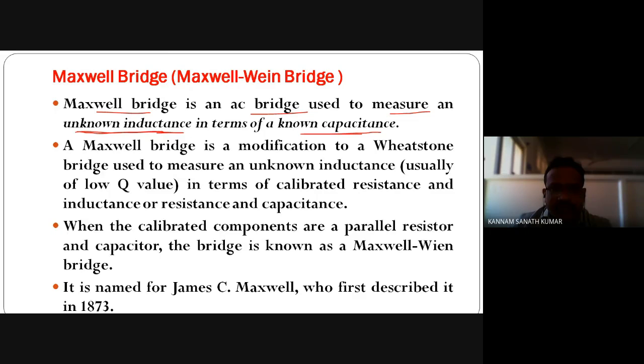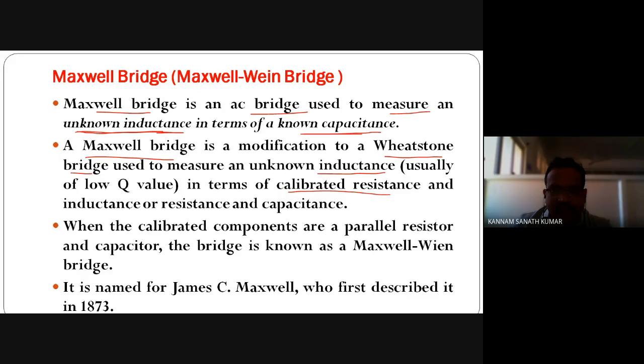This Maxwell's bridge is also a modification of the Wheatstone bridge. It is used to measure an unknown inductance which has a low Q value. Q is nothing but the quality factor, in terms of calibrated resistances.